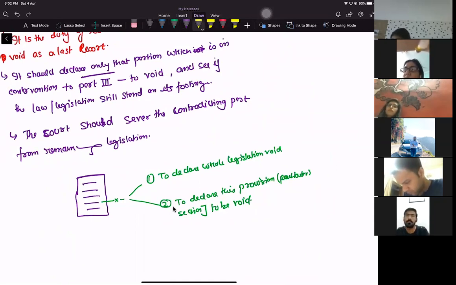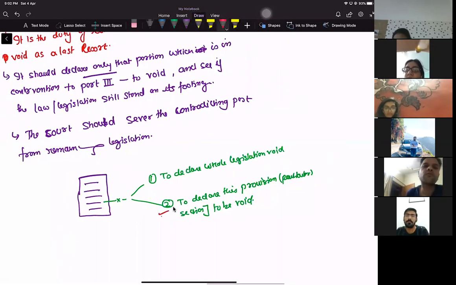What is to be seen? The court will always follow this first: it will declare this section void.